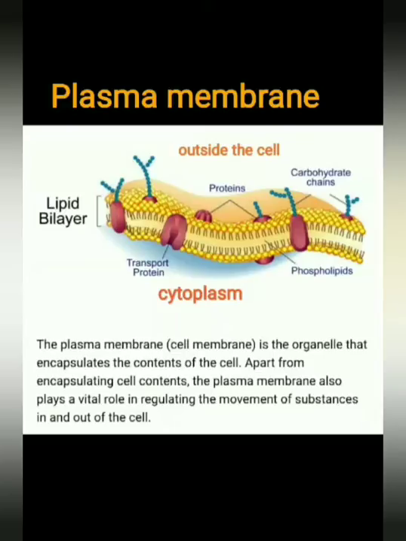The diagram which you are seeing in the picture is a fluid mosaic model of plasma membrane, which is given by the scientists Singer and Nicholson. Plasma membrane permits the entry of selective material in the cell. Therefore, the plasma membrane is known as selectively permeable membrane.